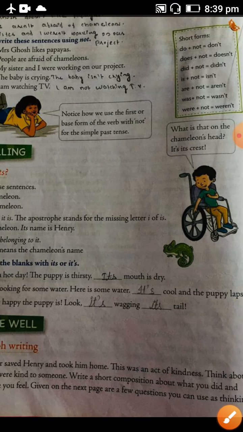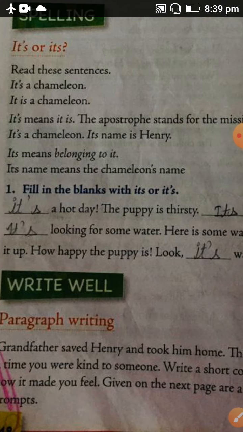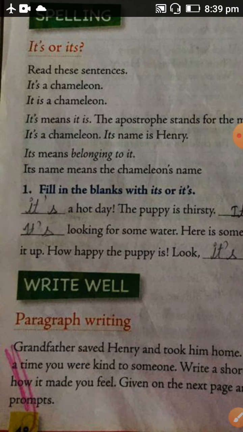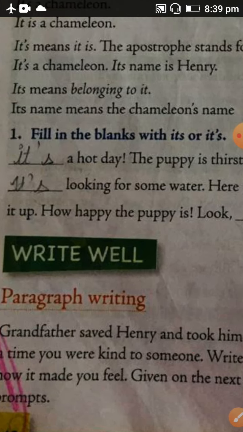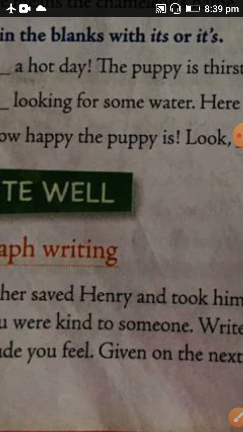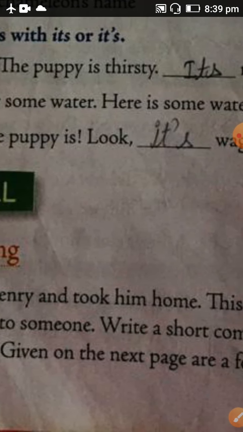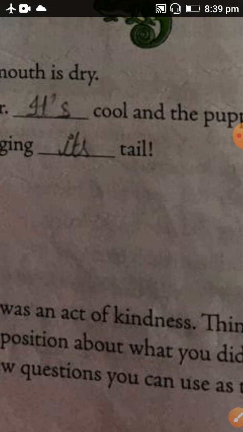Now dear students, you have to write a paragraph. This is your homework, which is very easy. Listen very carefully. I am going to read it out and tell you how to write. Grandfather saved Henry and took him home. This was an act of kindness, right?